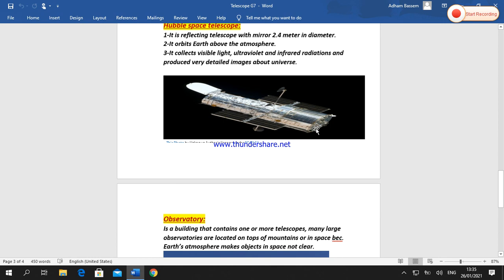After the fourth layer of atmospheric air, okay, the Hubble telescope is located, so it orbits Earth beyond the atmosphere. Hubble telescope has a large mirror which can collect visible light, ultraviolet rays, and infrared radiation, and produce a very detailed image of the universe.